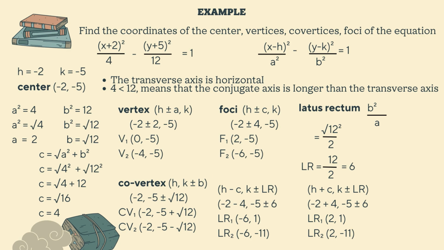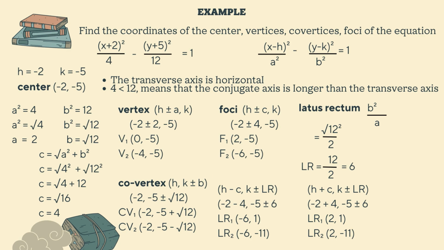So we will use h, k plus minus b. For h, we have negative 2. For k, we have negative 5. For b, we have square root of 12. So copy h, negative 2, and negative 5 plus square root of 12, and negative 5 minus square root of 12. So our co-vertex 1 is (negative 2, negative 5 plus square root of 12), and our co-vertex 2 is (negative 2, negative 5 minus square root of 12).